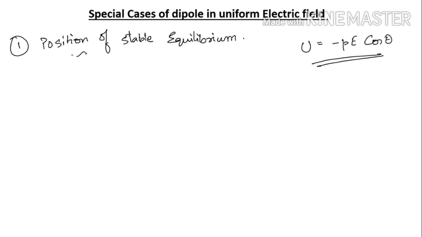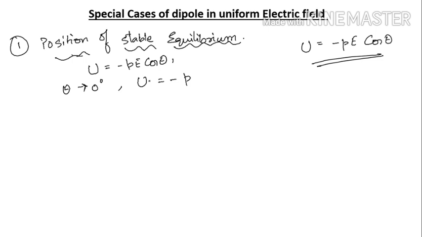So let's understand what this stable equilibrium means. When we consider this equation minus pE cos theta, we make this angle theta 0 degrees. When you take theta as 0, the potential energy comes out to be minus pE.